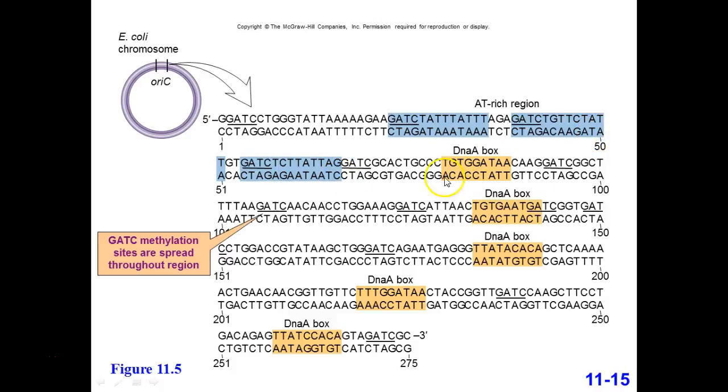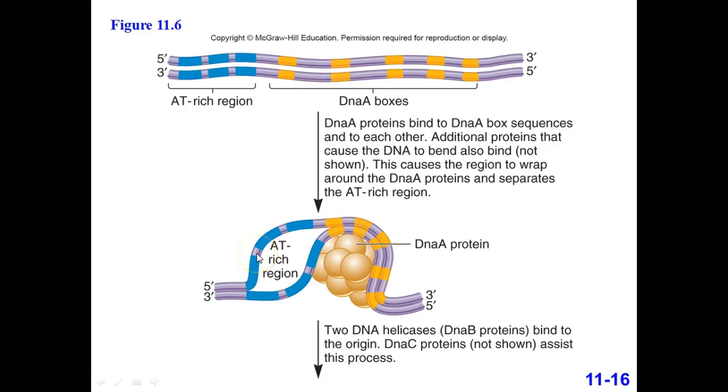Here are those repetitive sequences that the DnaA proteins bind to. And then there are segments where you see this sequence, GATC, and it becomes methylated. And do you guys remember why we methylate our DNA?